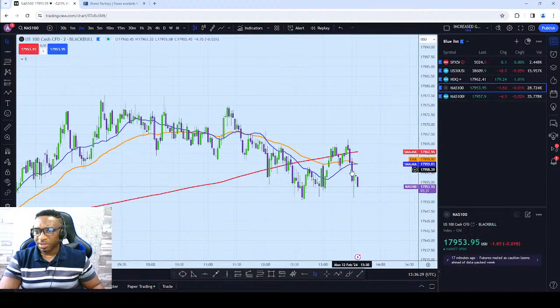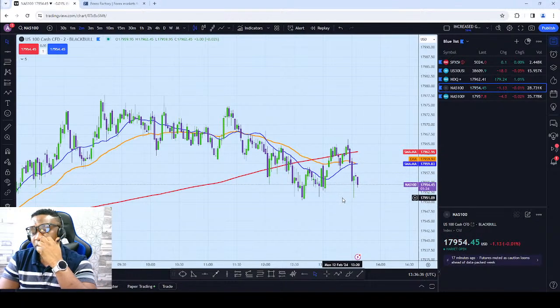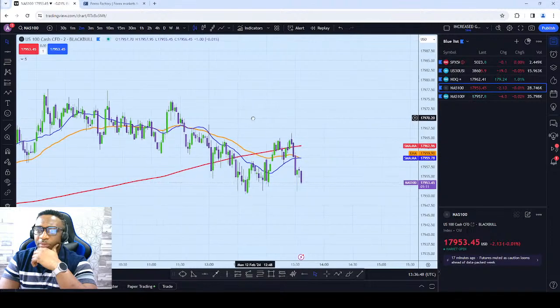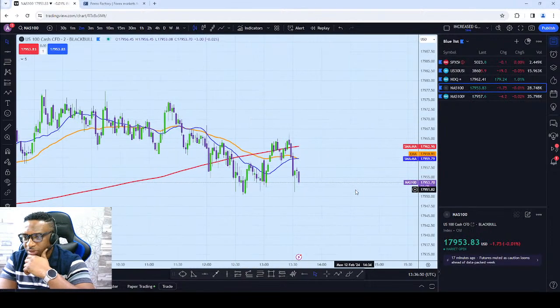So currently price is below the moving average. If we're looking to get into it, it will be when price comes near to the 20 moving average, then we'll play it downward. Or we'll see.